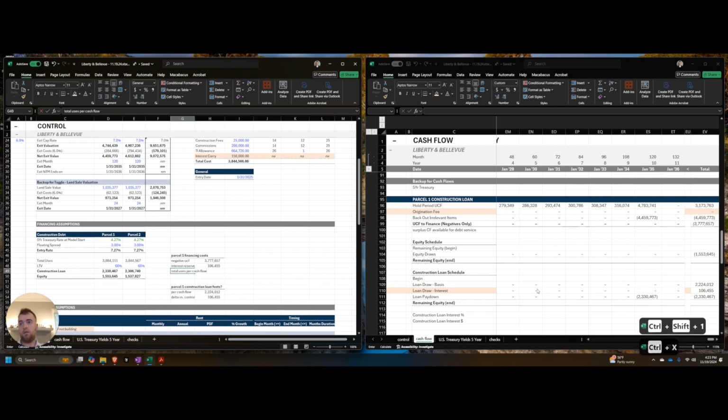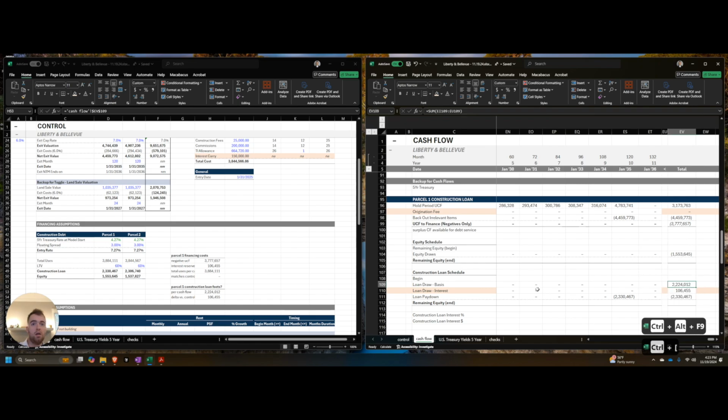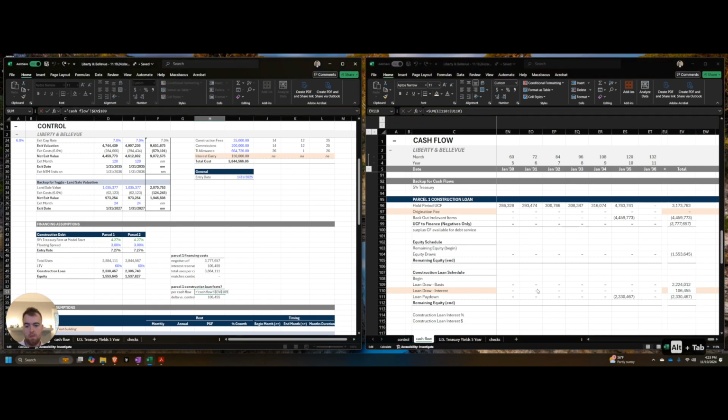Total uses per cash flow. Access control. That minus that. Yep. So per cash flow. That, but we also need to add 110 to that.